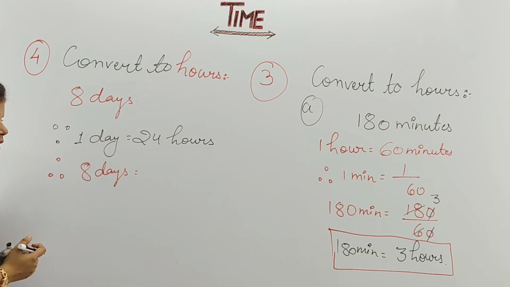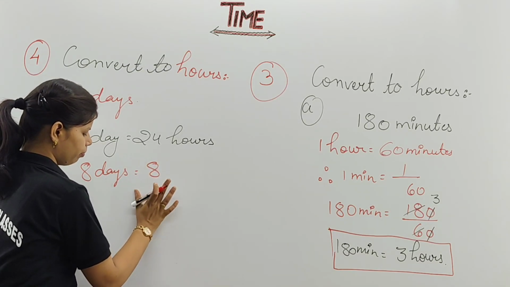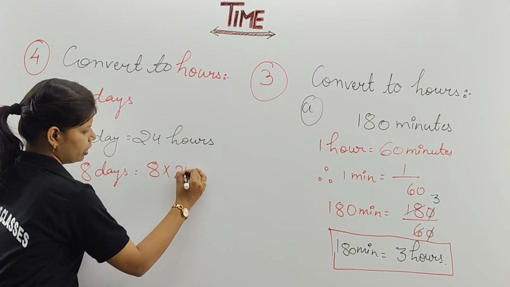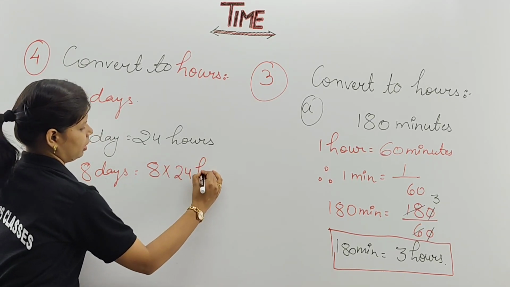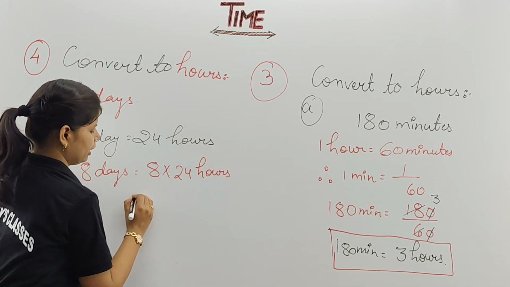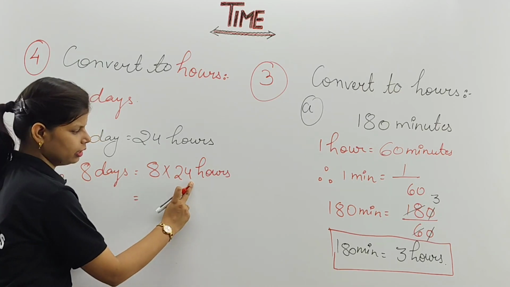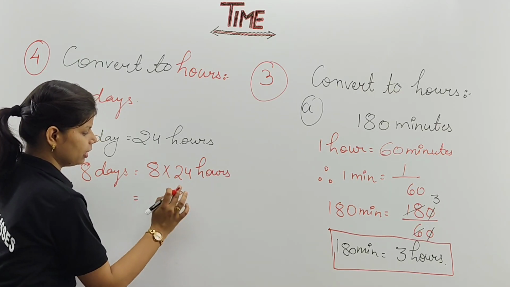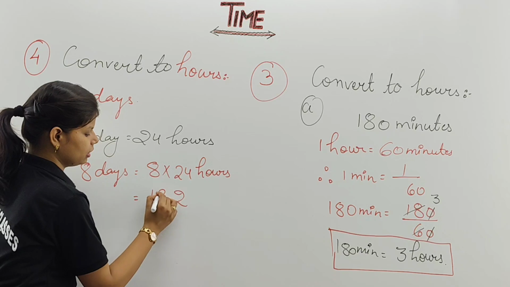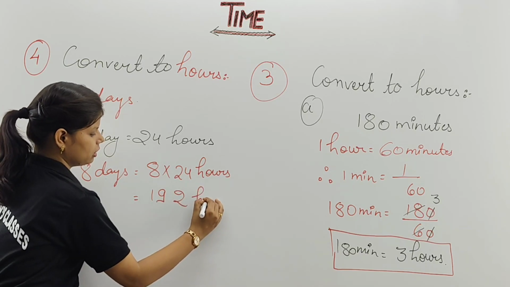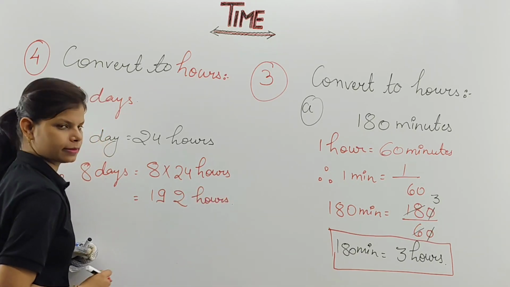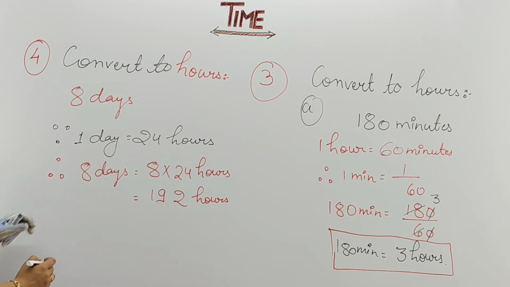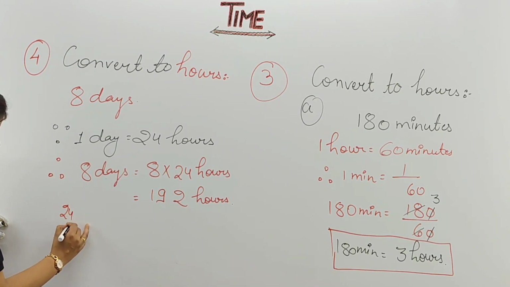How many hours are we having? 8 multiplied by 24 hours. Now please multiply and let me know the answer. 8 fours are 32, carry 3. 8 twos are 16, 17, 18 and 19. 192 hours. If you find any difficulty, you can multiply in the rough column, but I have done it directly. Let's check the answer.